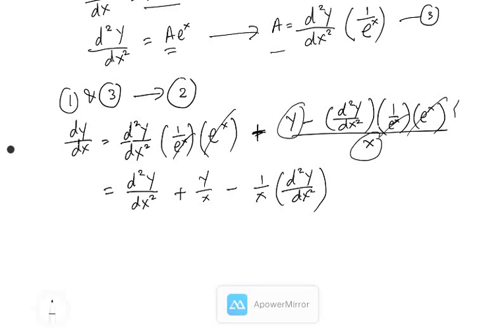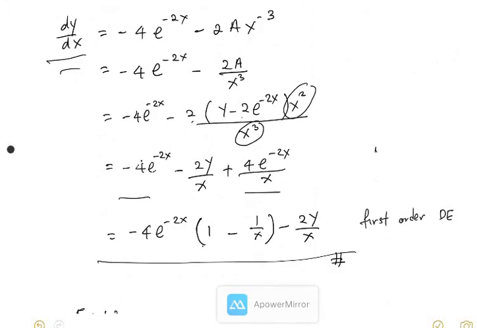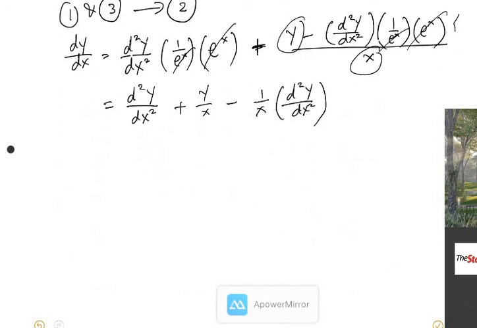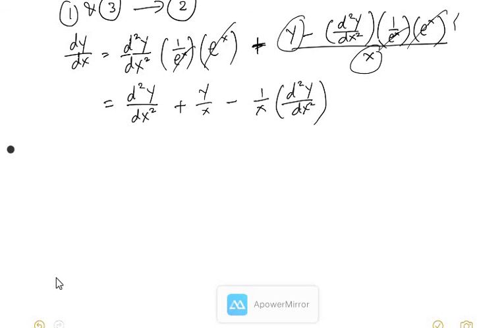Now you can rewrite the equation or rearrange the equation. Okay, you have dy over dx, and then d square y. So this is the first order, this is the second order. So you rearrange. So you bring this one to the left hand side.